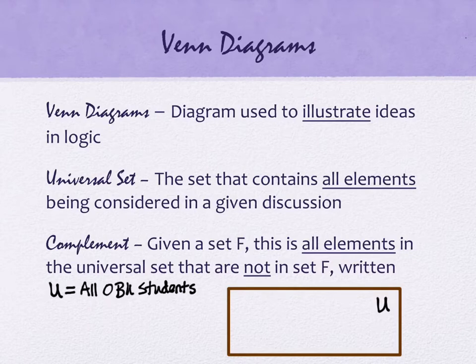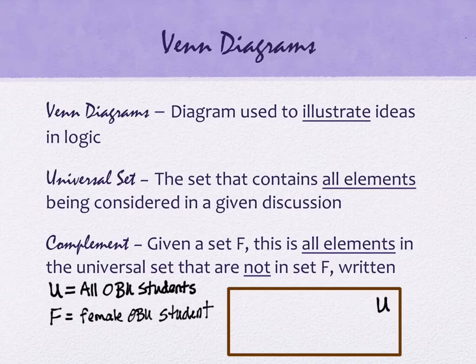And since I used F, we're going to say F are our female OBU students. So inside of our rectangle, we would draw a circle. The circle would be set F, which would be the female students. And F with a line on top would be the complement of female students.